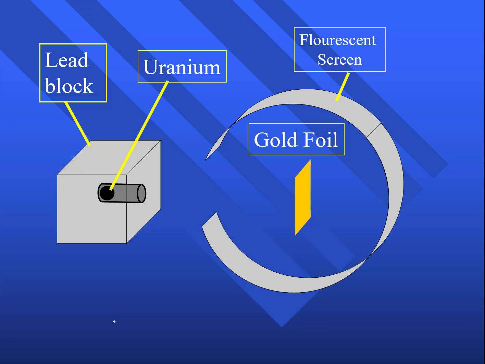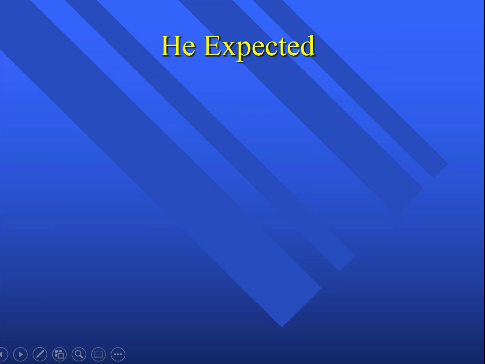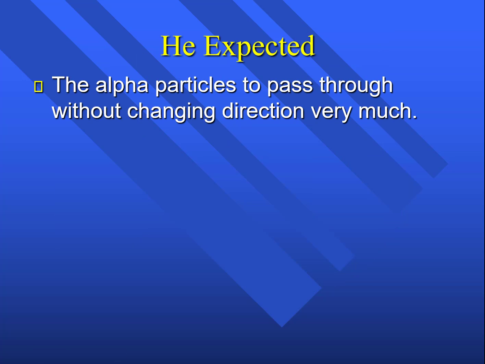Can you see how this diagram represents those pieces? This is just that little window that goes all the way around. All the other pieces are there. So what did he expect? Well, he expected the alpha particles to go through without changing direction very much. He doesn't expect to see much change.